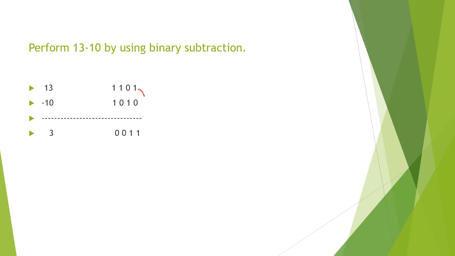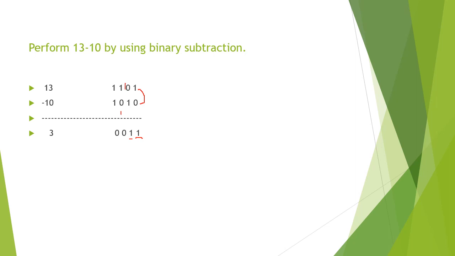So 1 minus 0 is 1, then 0 minus 1. Here we have to take the borrow, so it becomes 10 minus 1. 10 minus 1 is 1. Your borrow is here, so the borrow gets subtracted from the next digit.